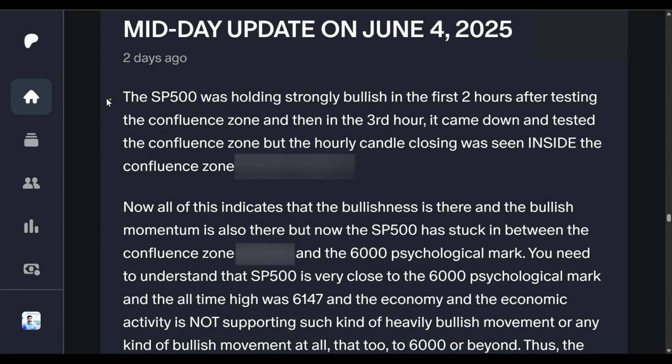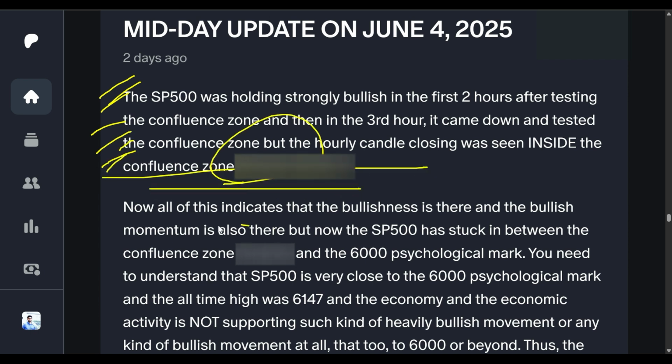That is why, each and every day in the last week and before that, I kept mentioning the confluence zone: any fall or bullish movement will happen through or be restricted to the confluence zone. I told this again and again to my Patreon community members through all updates.